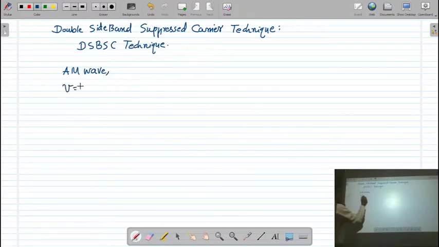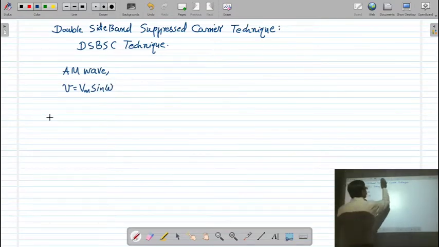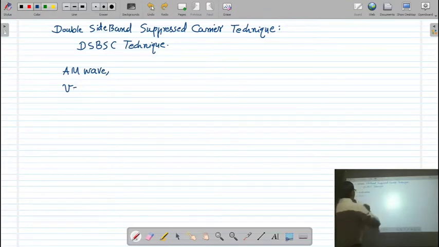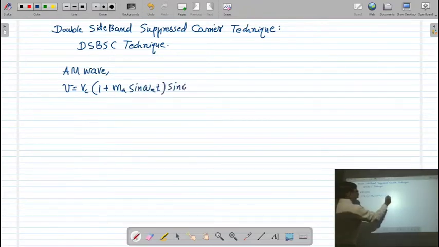V is equal to Vm sin, that is, V is equal to Vc into (1 plus Ma sin omega m t) into sin omega c t.